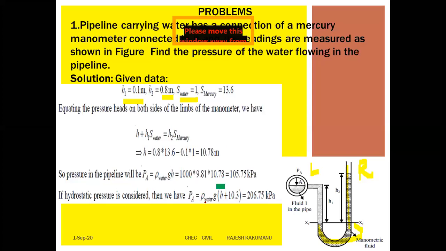Now the same 1000 into 9.81 into, 105.75 plus 10.3. So this is the actual thing. That is the hydrostatic pressure to be considered, right? This is the answer. Understood? Right. Now if you see the examples in that same process, we will see how to find the different problems based upon the different methodologies. Okay.